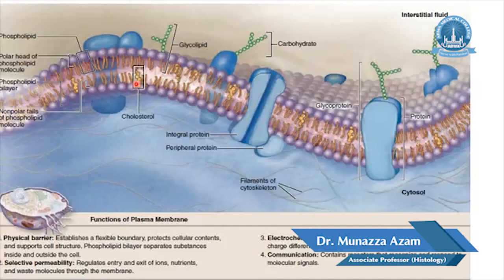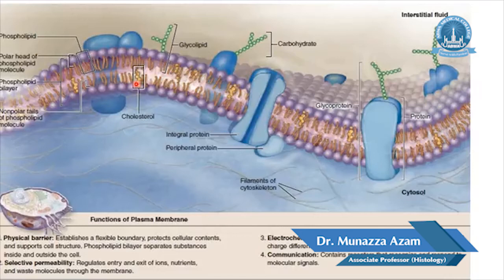Integral proteins are firmly embedded in the lipid bilayer. Those that completely span the bilayer are called transmembrane proteins. Hydrophobic amino acids of these proteins interact with the hydrophobic fatty acid portions of the membrane lipids. Both the proteins and lipids may have externally exposed oligosaccharide chains.